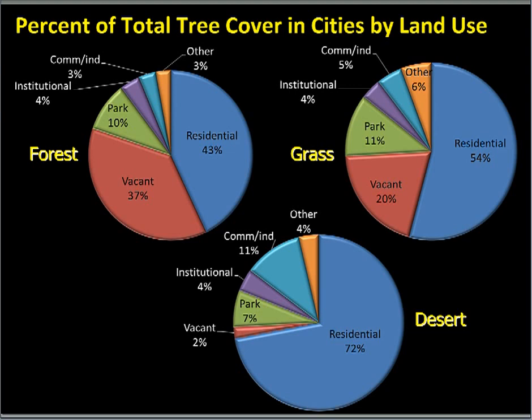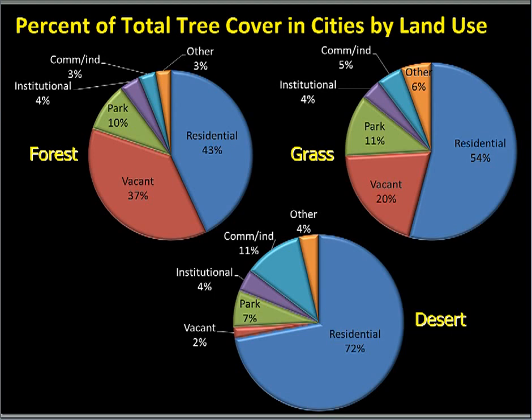And what's interesting, in forested regions, trees naturally regenerate quite frequently. So if you have vacant land, you'll have natural regeneration occurring. So what's interesting to show on the graph is how this shift between residential and vacant land changes as we move from cities in forest, to cities in grasslands, to cities in deserts.